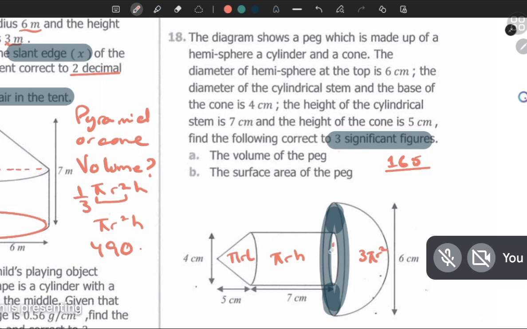And then you'll subtract the smaller circle from the inside, which will be pi r squared. Make sense? Yes.